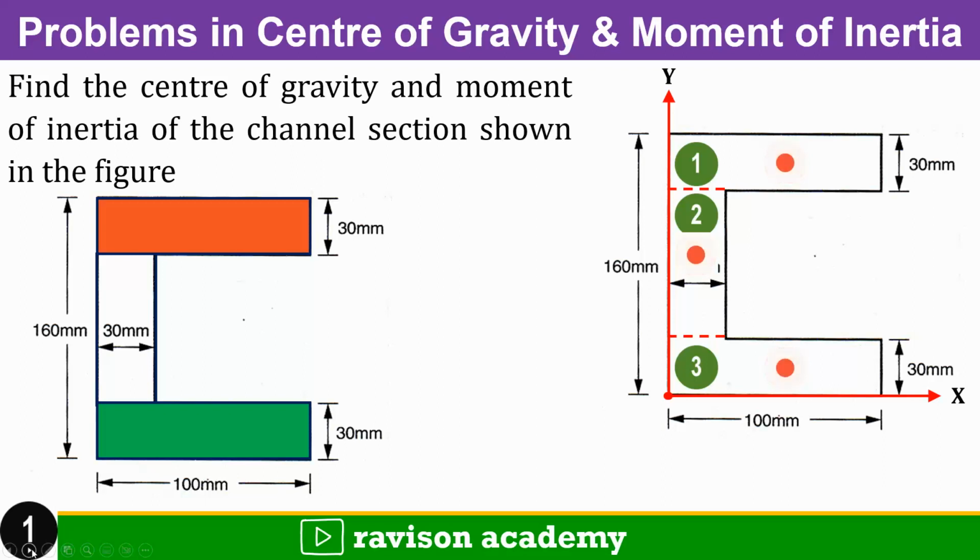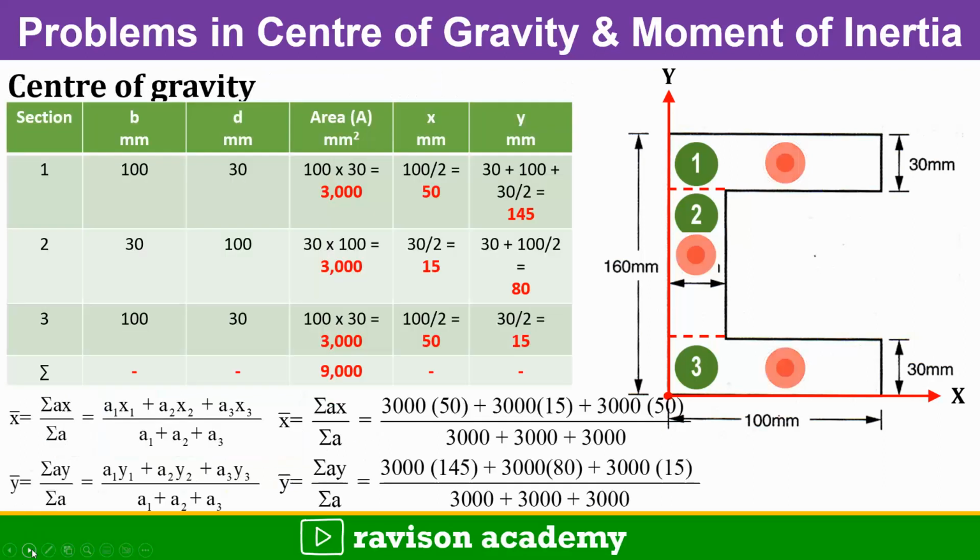Coming to the center of gravity, we already know it lies at the point of intersection of the diagonals. Here you have 3 sections, so you put a tabulation with columns representing the section, area, and x and y with their units. For section 1, the breadth is 100 mm and the depth is 30 mm, so the area is 100 by 30, 3000 mm square.